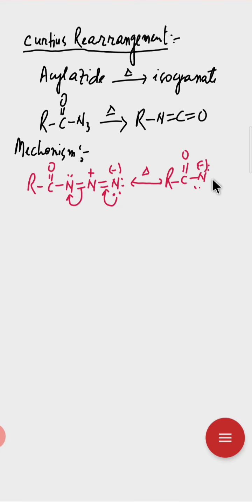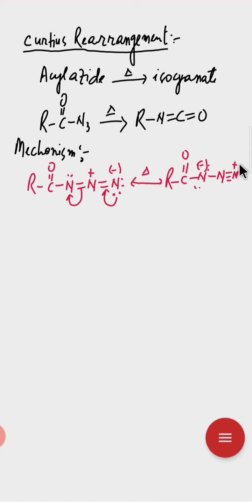Okay, now this will be a single bond nitrogen. Now there will be a triple bond between these two nitrogen atoms like this.